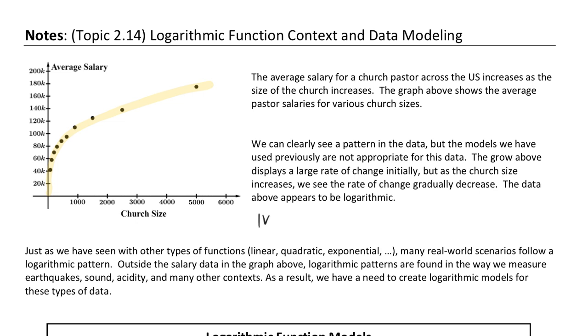So that is increasing at a decreasing rate, which is what we know means that this graph is concave down. It is increasing and concave down, because the church pastor gets a lot of salary bumps right at first, and then it slows down as the church keeps growing.